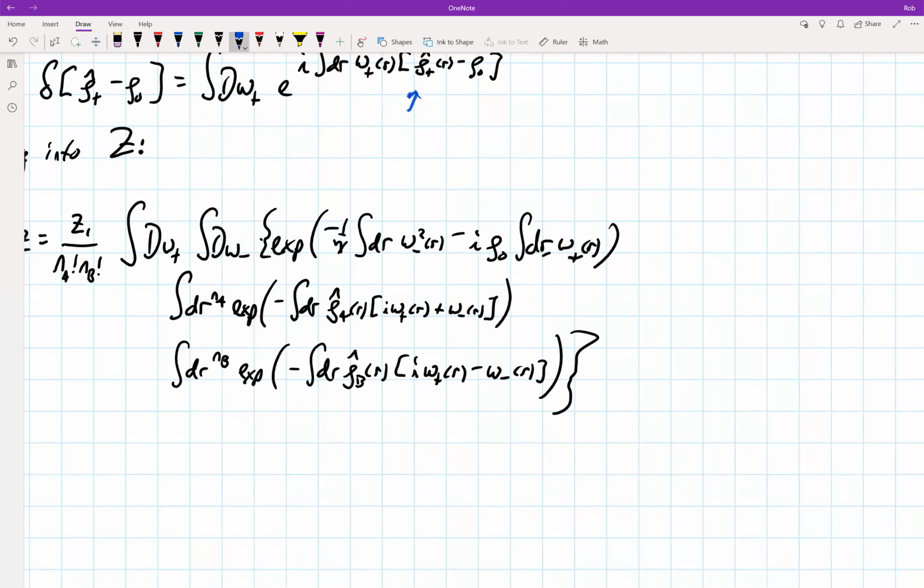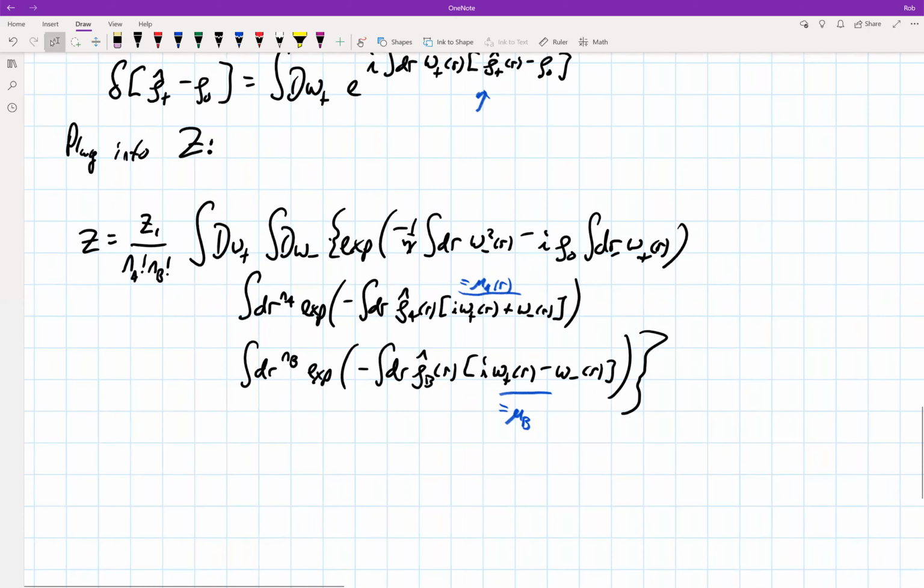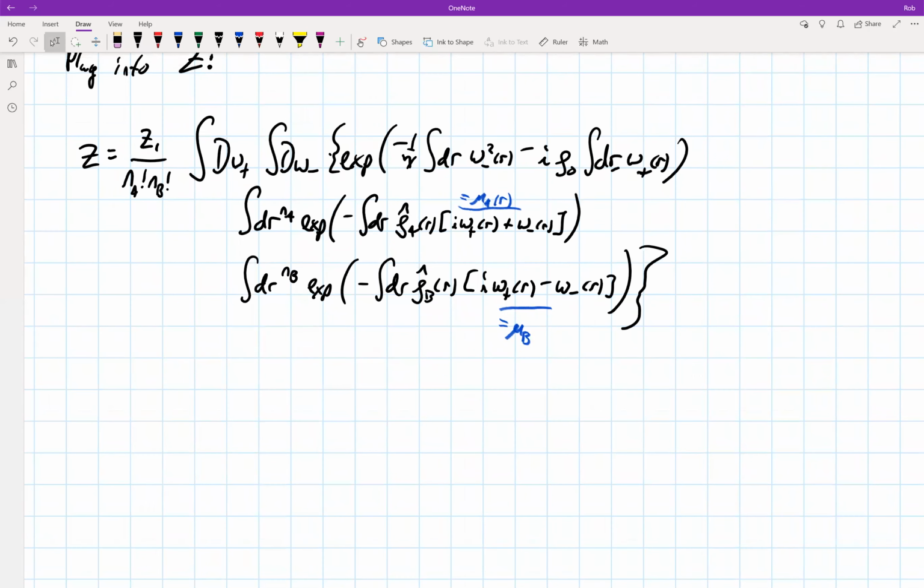But if we were to make the substitution, like we just called everything in here some mu A of r, and everything in here some mu B of r, then it's just a density times a field, right? And so we can make that kind of a change if we want. For this case, I'm just going to leave it the way that it is. But regardless, we can now use the substitutions that we introduced last time to write this whole middle line and the whole bottom line as an n log q type of contribution to the effective Hamiltonian.